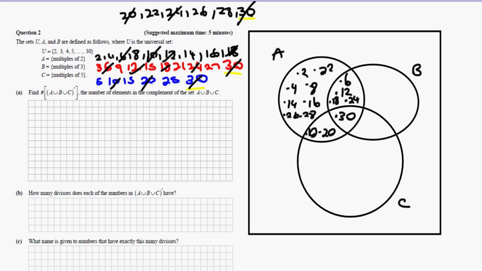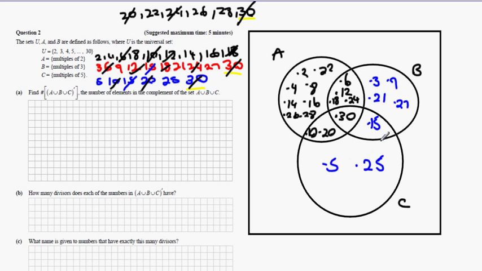Now, look at B intersection C. So B is going to have 15, just 15. So this number here, and then this one's going to be left with 3, 9, 21, and 27. And this one's going to be just simply left with 5 and 25.